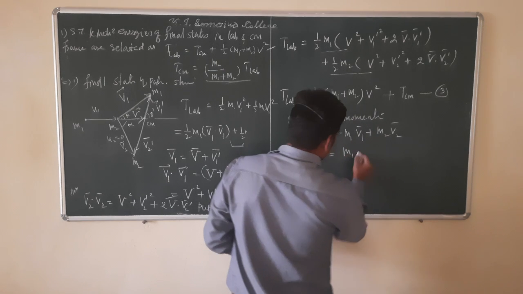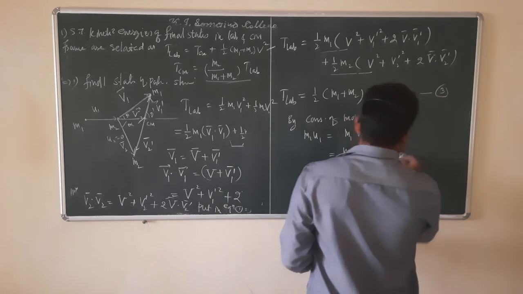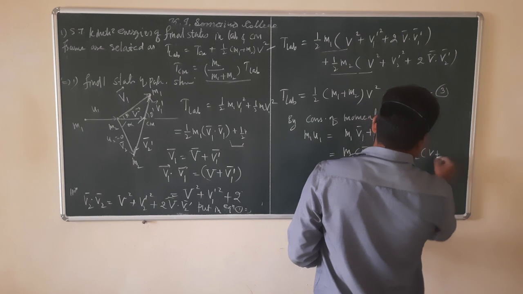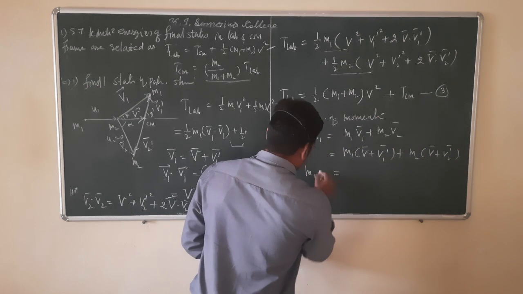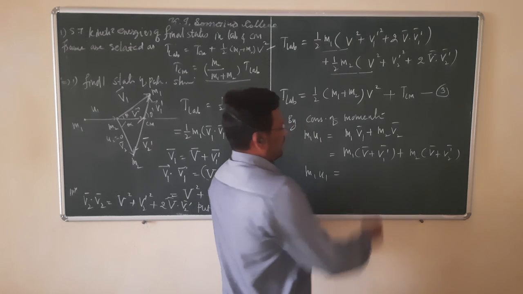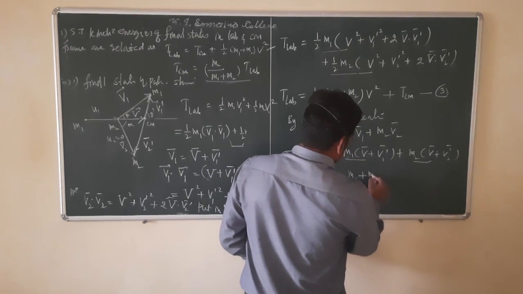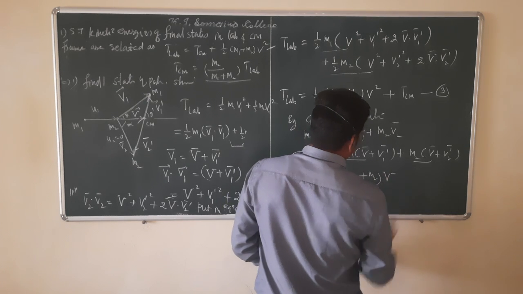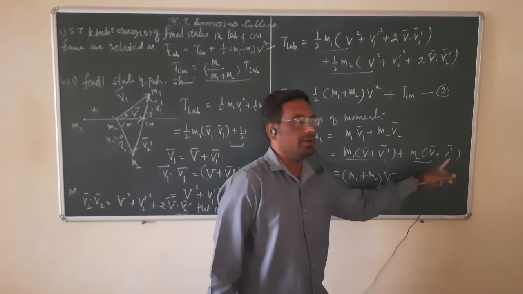So this is m1 times V plus v1 dash plus m2 times V plus v2 dash, which is m1 plus m2 into capital V plus m1 v1 dash plus m2 v2 dash.